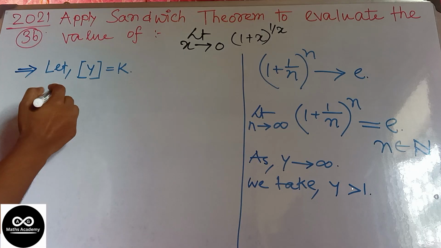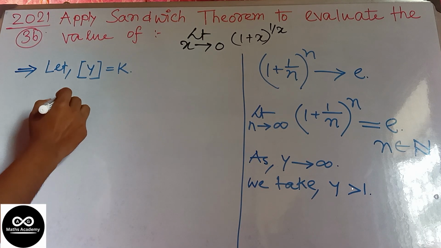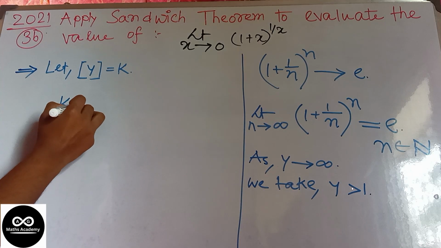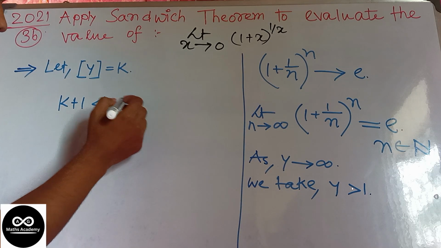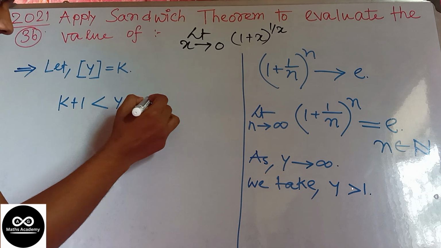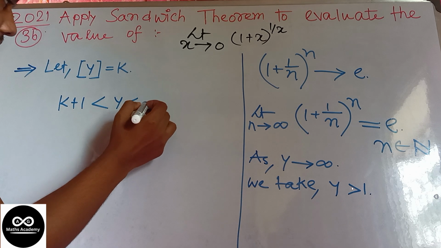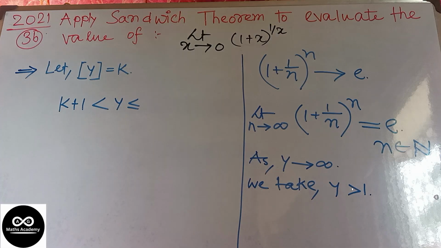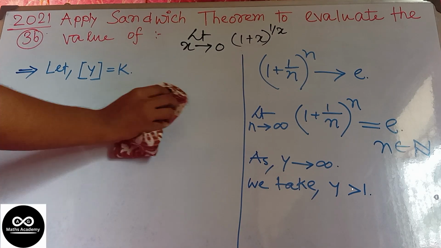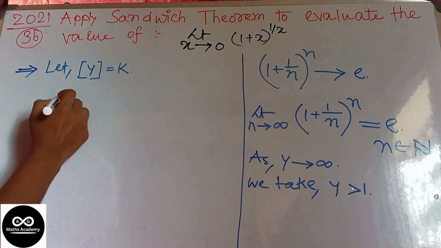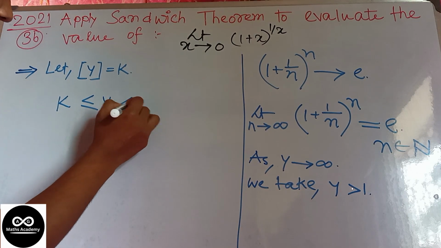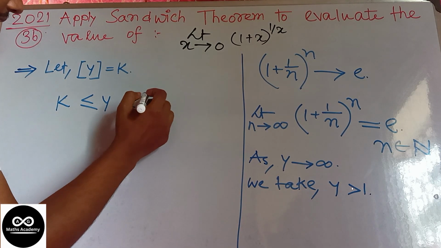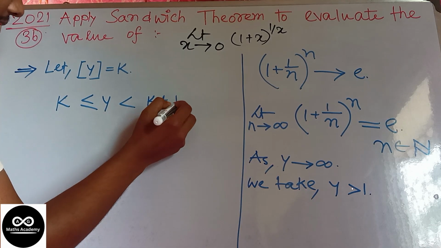So from here we can write that k is less than or equal to y, and y is less than k plus 1.